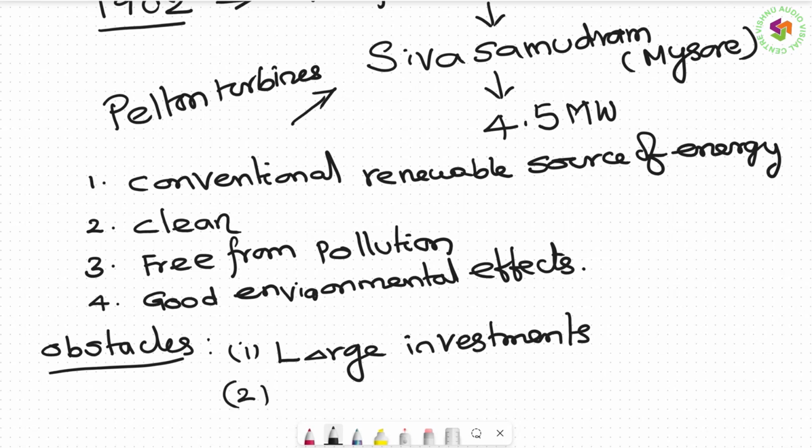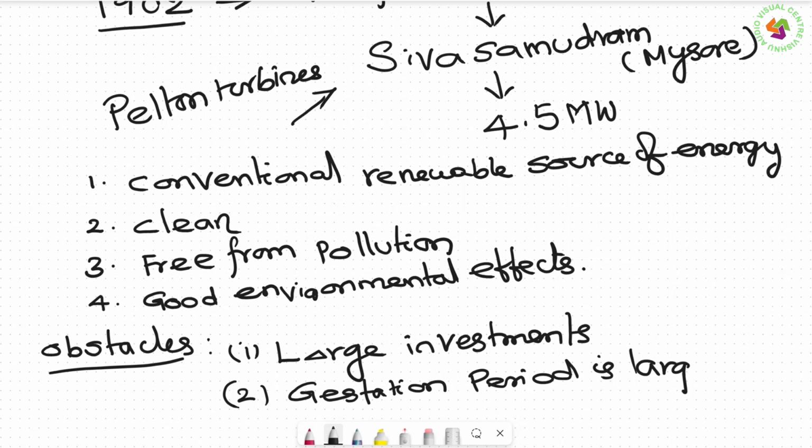Second point is that the gestation period is very large. That means suppose today you thought of a hydroelectric power plant. By the time you start thinking about it, plan about it, then ground it, and then by the time it starts producing power, this is a large period.